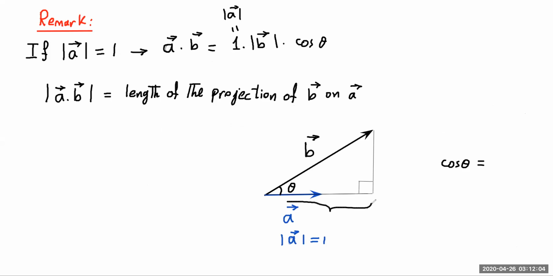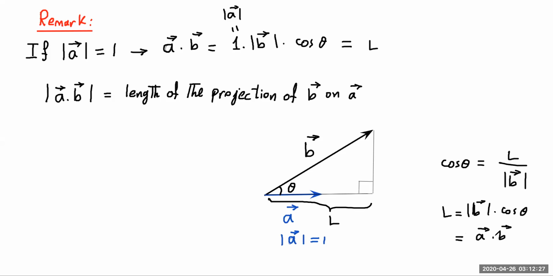Let's suppose this length is L. So cosine theta is L over length B, so L equals length B times cosine theta. So this is L, and this is also equal to the dot product A times B, in absolute value. I suppose here theta is less than 90, so it's positive.